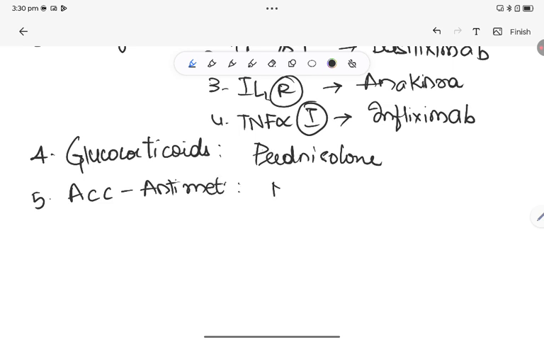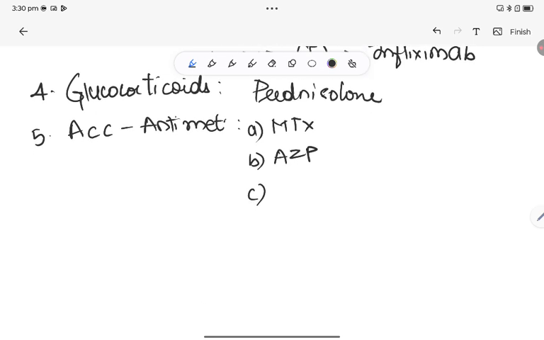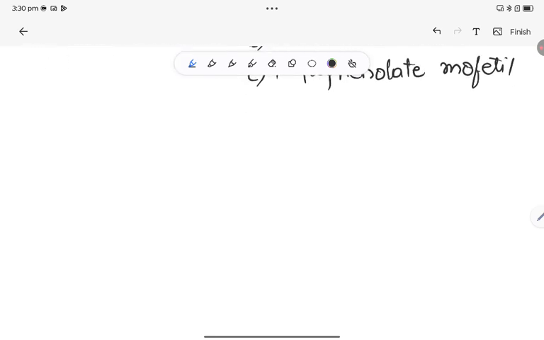They mainly include methotrexate, azathioprine, and then your mycophenolate mofetil. We will discuss all these together.